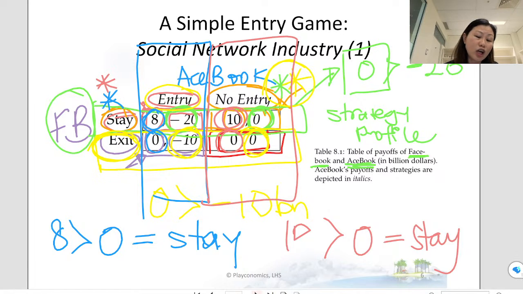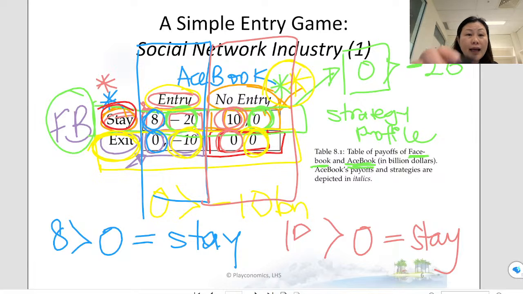Let's check the dominant strategy, because from here on, we need to be able to identify the dominant strategy of a player relatively quickly. In this scenario, we have 2 players. If we talk about Facebook staying, then Facebook entering will lose 20 billion and Facebook staying away will lose 0 billion.